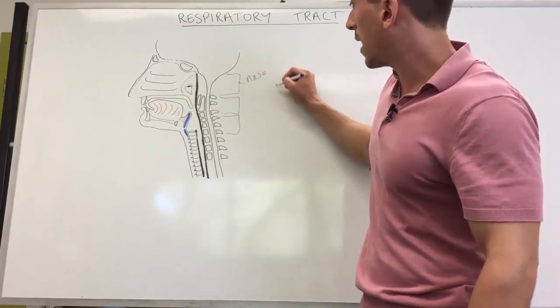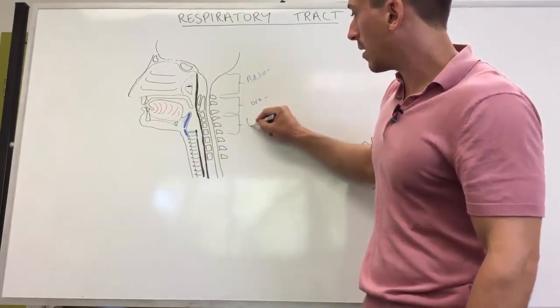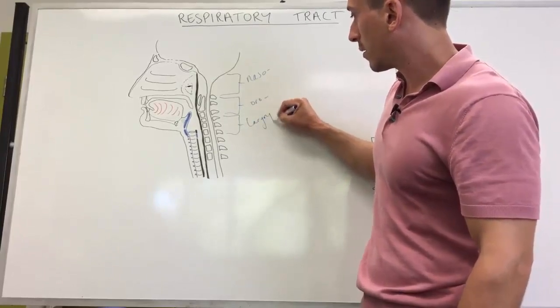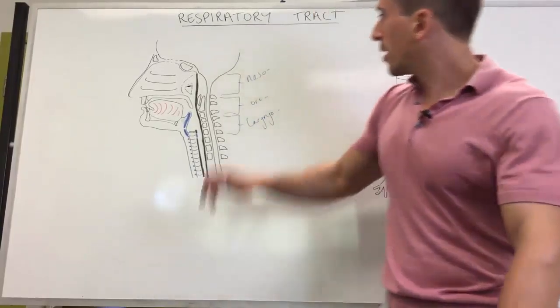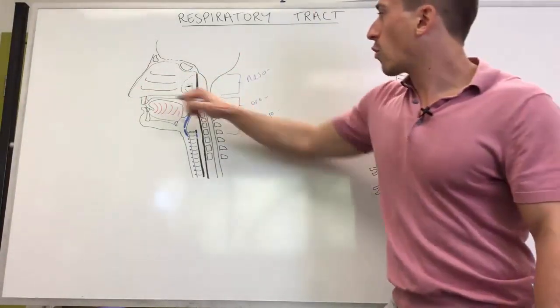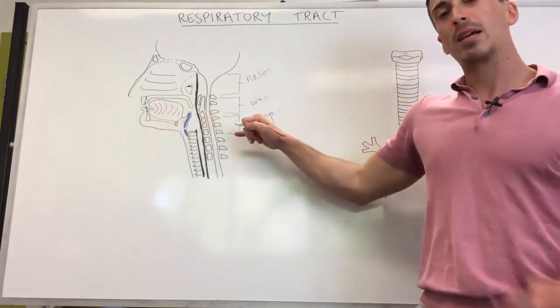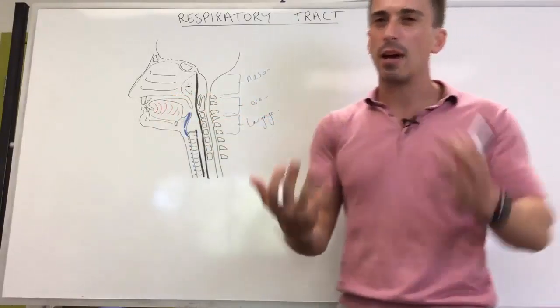So nasopharynx is basically the back of the throat at the nose, oropharynx is the back of the throat at the mouth, and laryngopharynx at the back of where the larynx is, basically our voice box.